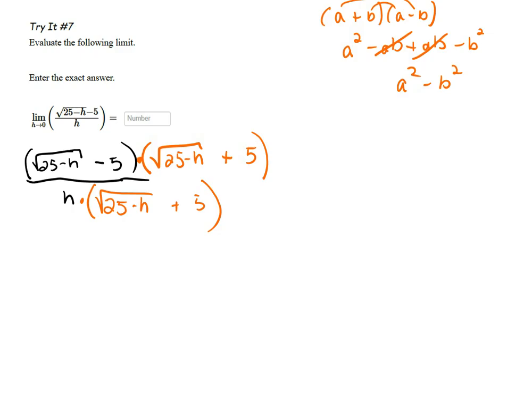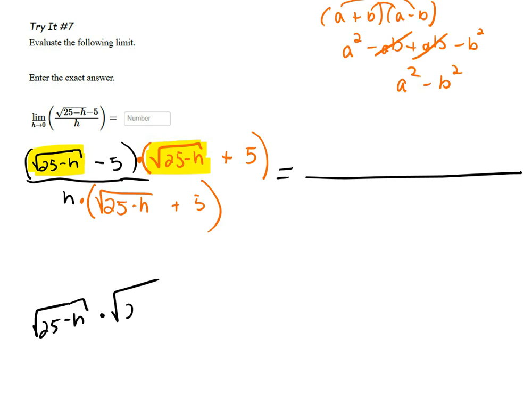Oh boy. Okay, so let's FOIL the numerator. You are going to start with first times first. When I take the square root of 25 minus h times another square root of 25 minus h, you can call that the square root of 25 minus h, squared.